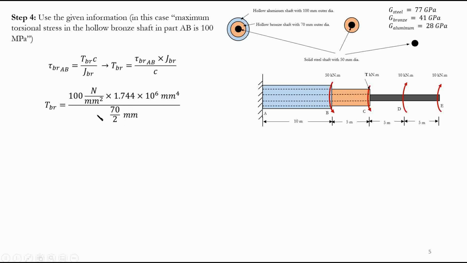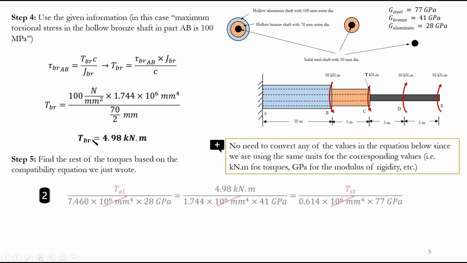So my unit for torque is going to be Newton millimeter, right? I'm going to end up with 4.98 times 10 to the power 6 Newton millimeter, or 4.98 kilonewton meter, just divide by 10 to the power 6. And that's it. This is my key information, if you remember, right? So here, if you remember from the previous page, I had this equation. Here, instead of the TBR that we had, just put 4.98.